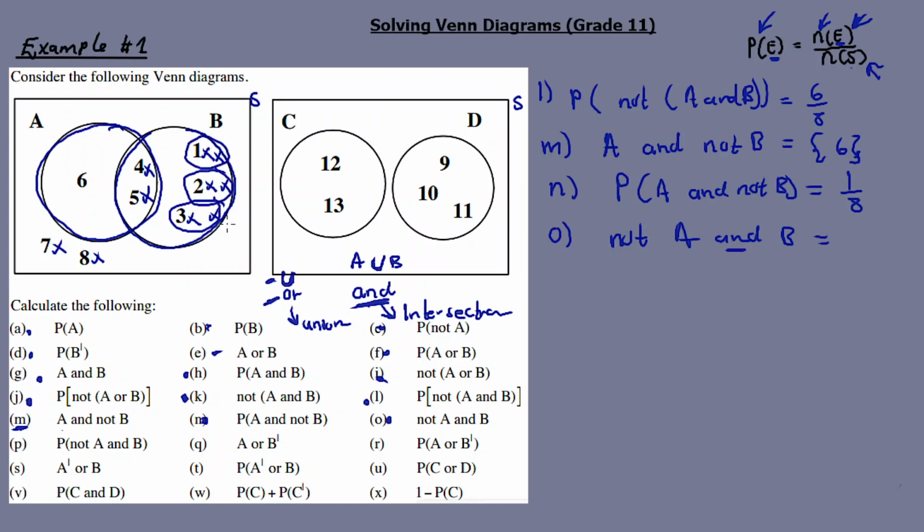So where you find 2 marks, outcomes with 2 markings, that's your answer. So your answer is 1, 2, and 3.